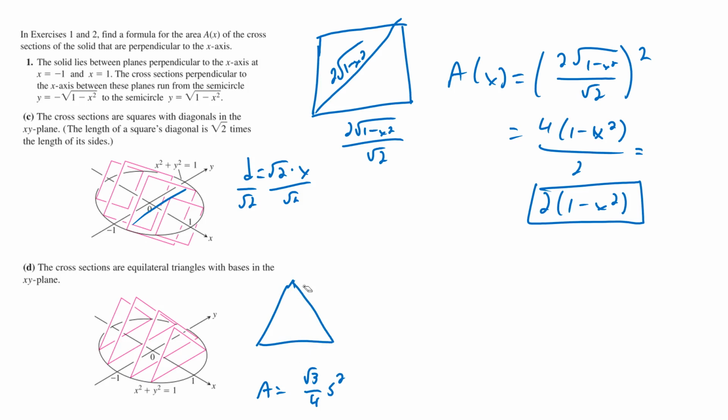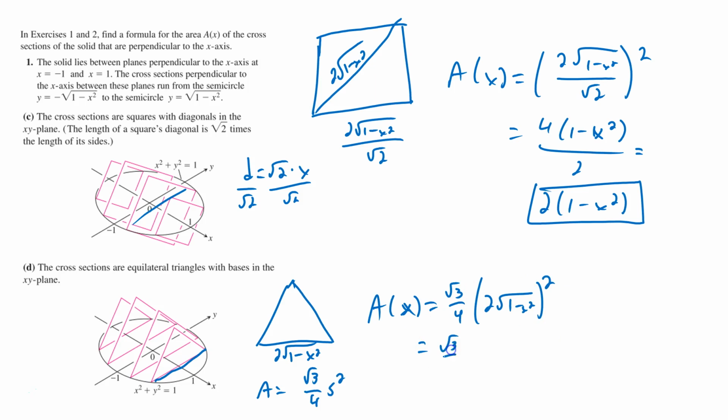So if the area is (√3/4)s², s here is that number again, right? We have that 2√(1 − x²). So the area at any point x, from -1 to 1, is going to be (√3/4) times (2√(1 − x²)) squared.